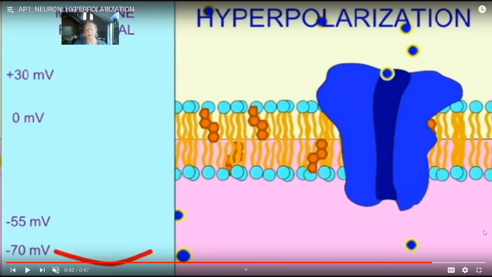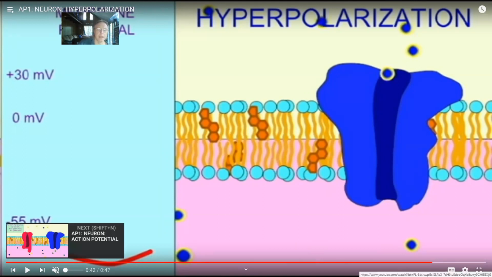So as potassium charges leave, the cell hyperpolarizes. Once again, that sodium-potassium exchange pump will grab potassiums outside the cell and bring them in, so eventually its action will return the neuron to its resting membrane potential.